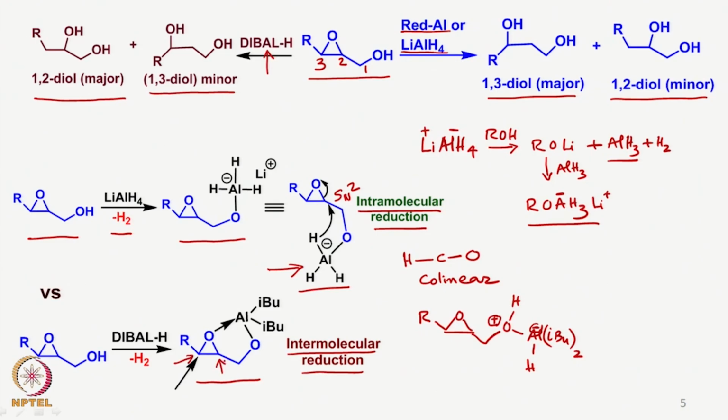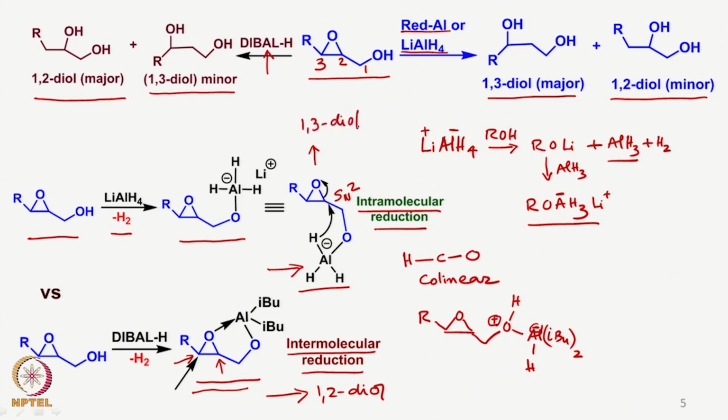And thus the reduction here leads to 1,2-diol, whereas in the case of lithium aluminum hydride it leads to the 1,3-diol.